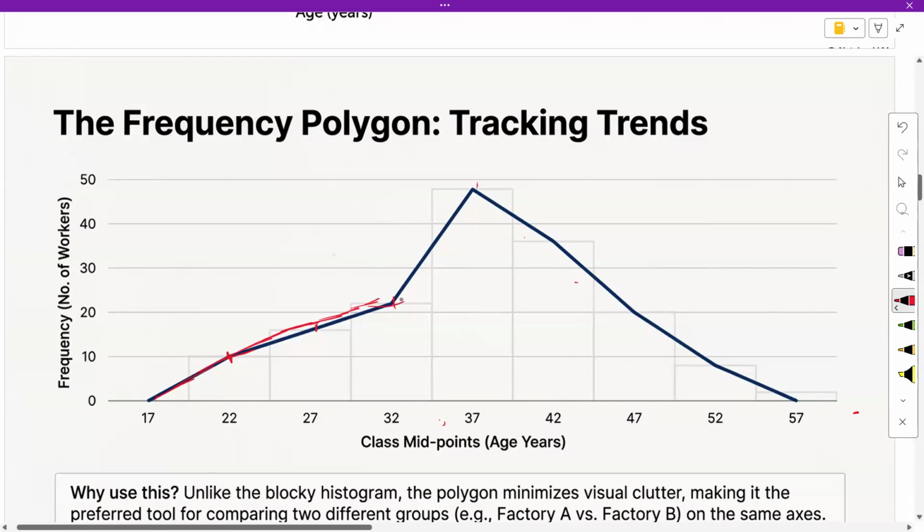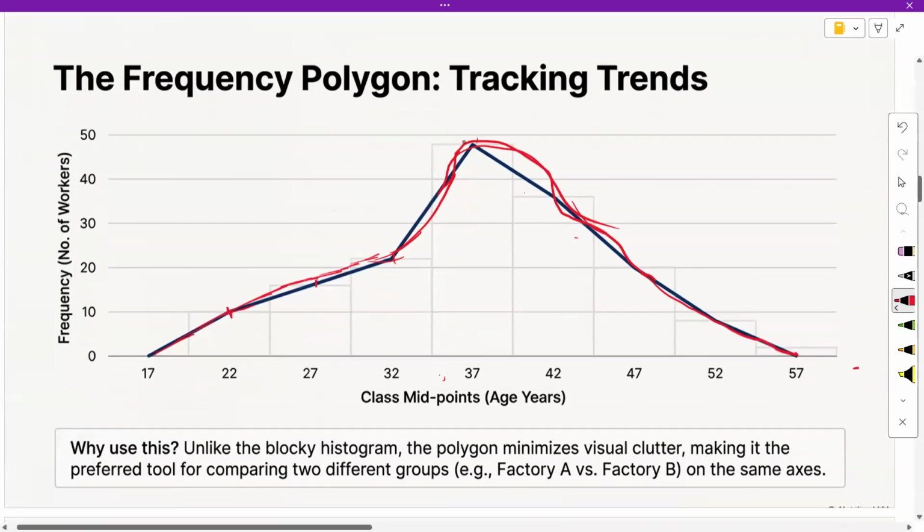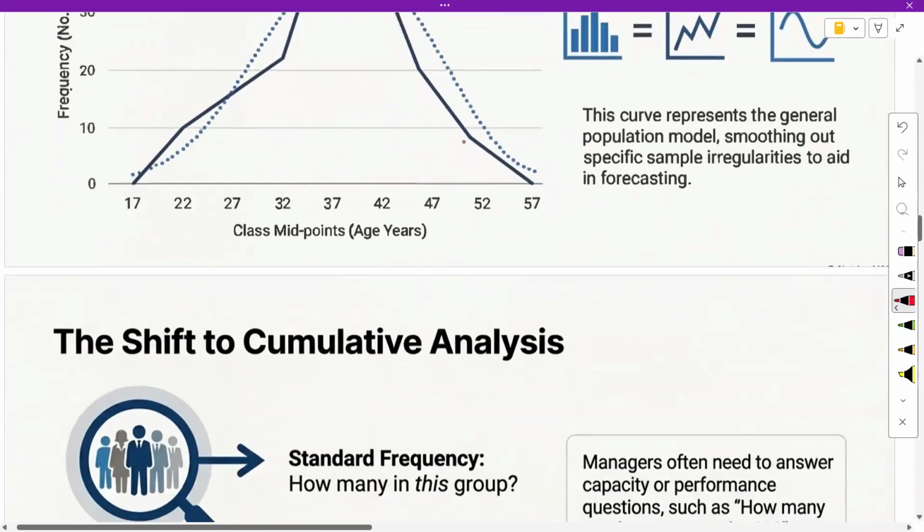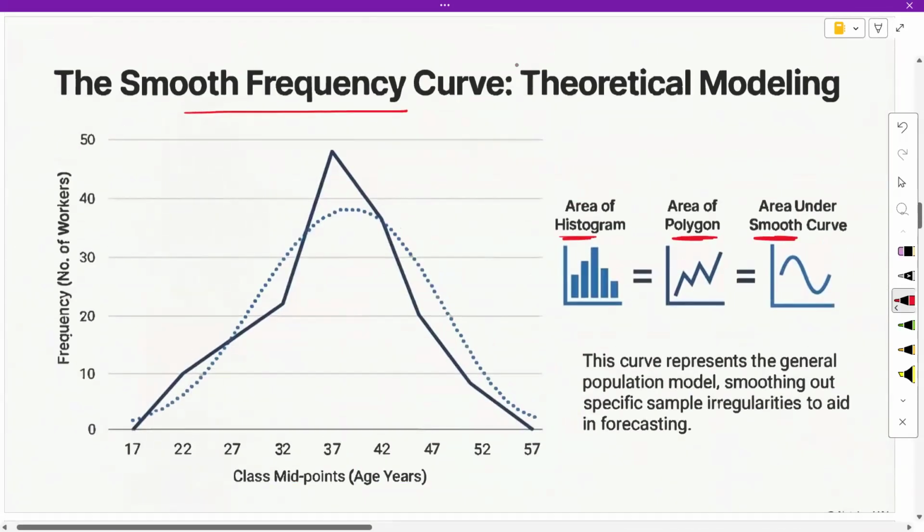Like this, right? Using curves, so that it's easy. It is easy. So here, the smooth frequency curve. Now they are connecting using the points.